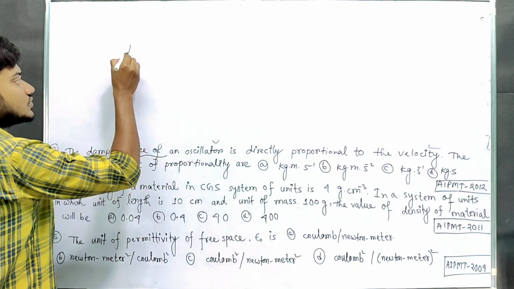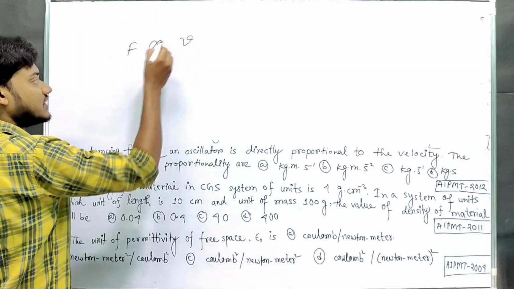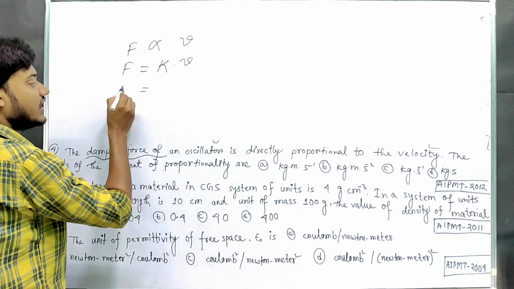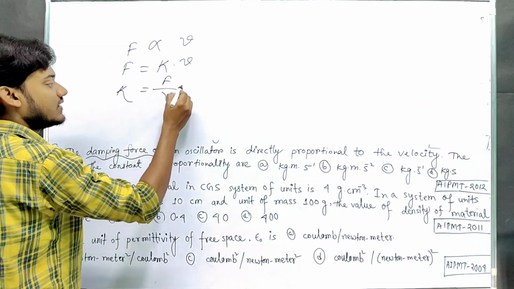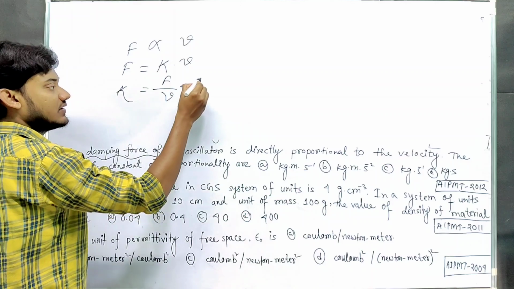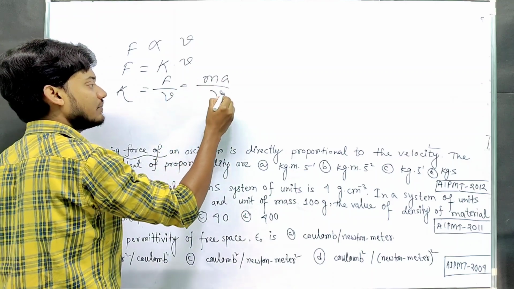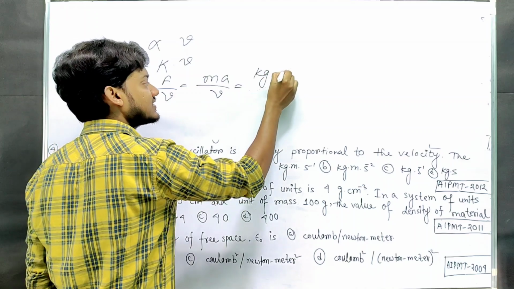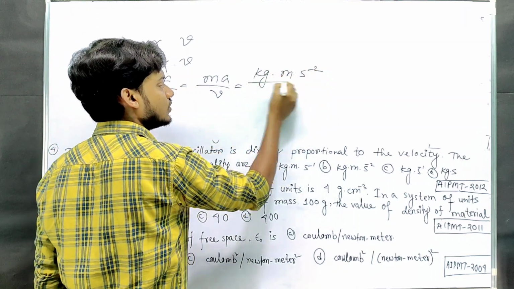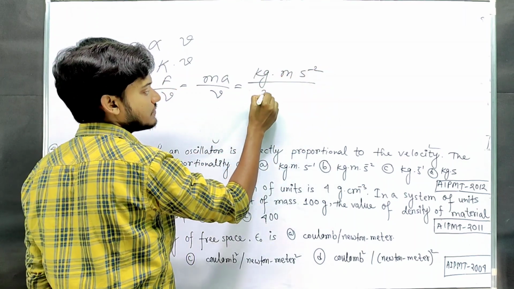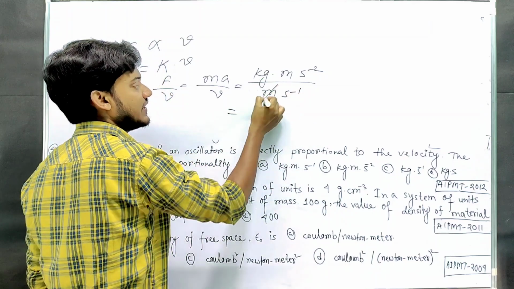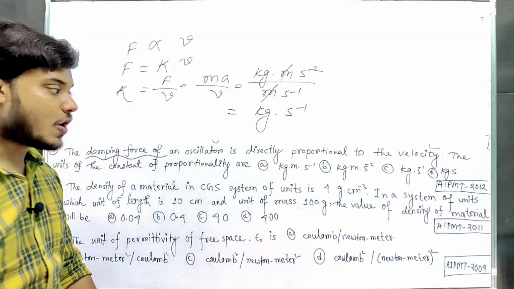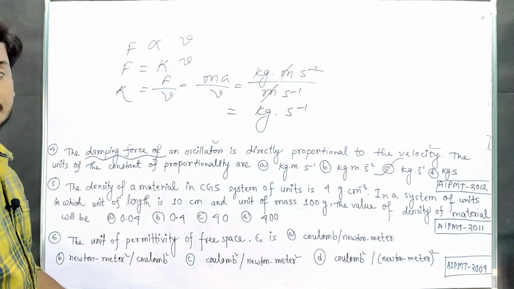Given damping force is proportional to velocity, proportionality constant k, so k will be F by v. There is no Newton or dyne, so we can write F equals ma, mass into acceleration, mass kg, acceleration meter second inverse 2, velocity meter second inverse, so the answer is kg second inverse. Option C is the right answer.